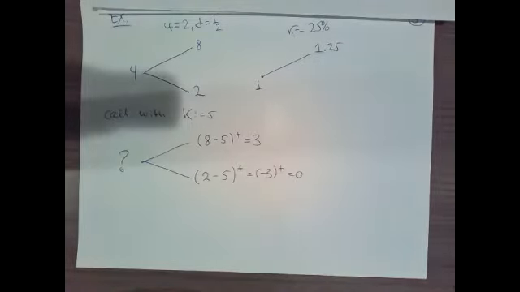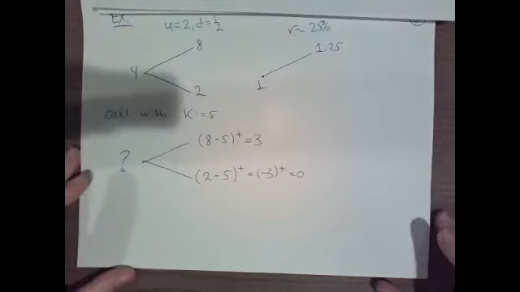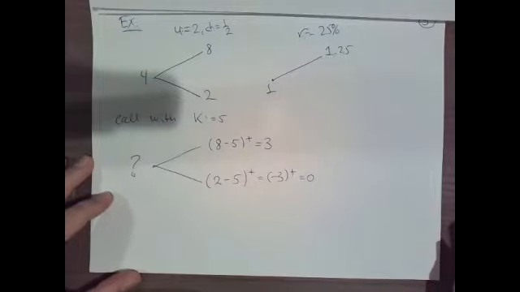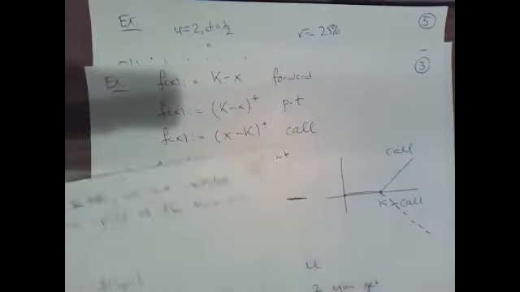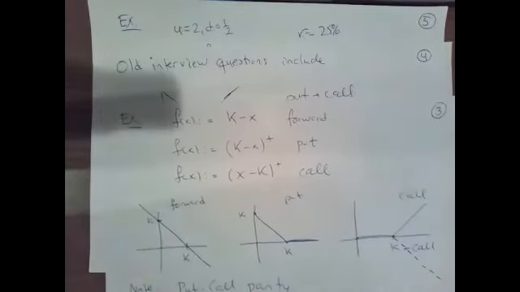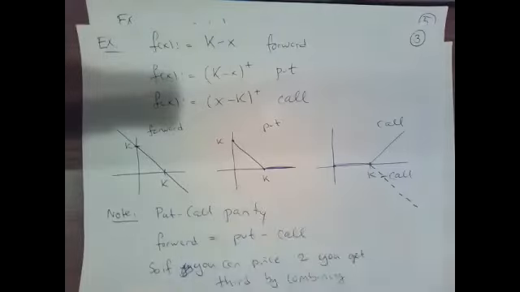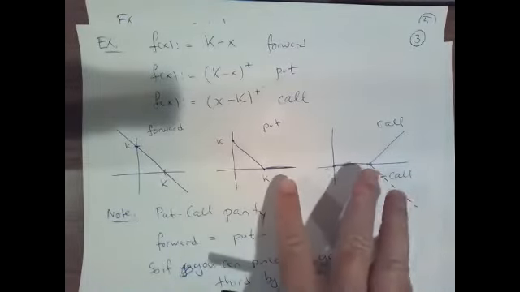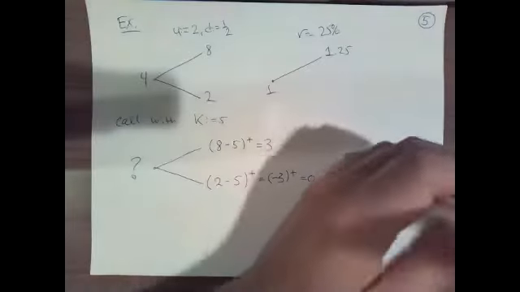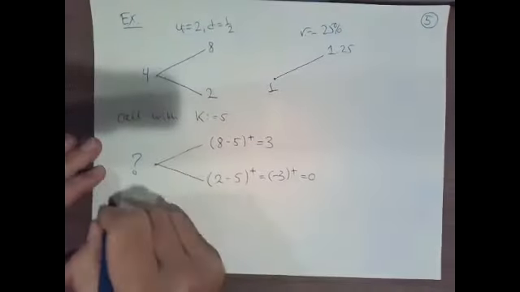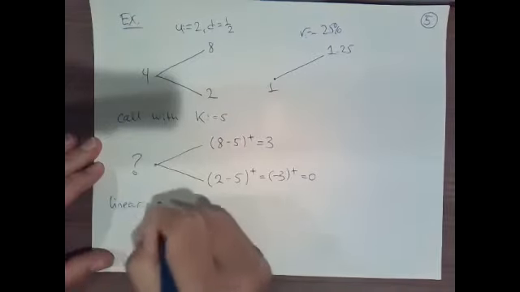And that's a good question. It's not too far away from what we just did. How did we realize that we could combine the put and the call to get the forward? Well, what we did was either looking at pictures or we did linear algebra. So this here is going to give us a connection with linear algebra.